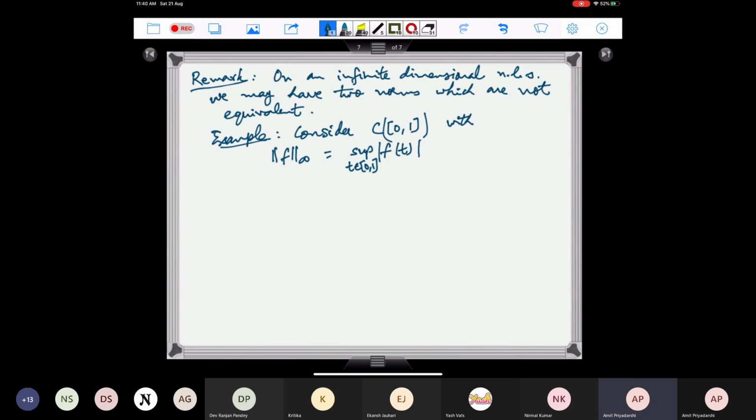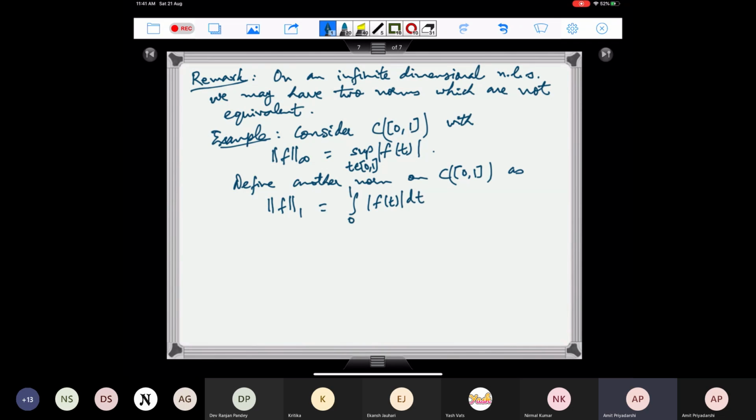Also, we will define another norm on C[0,1] as norm f_1, which is equal to the integral of mod f(t) dt from 0 to 1.